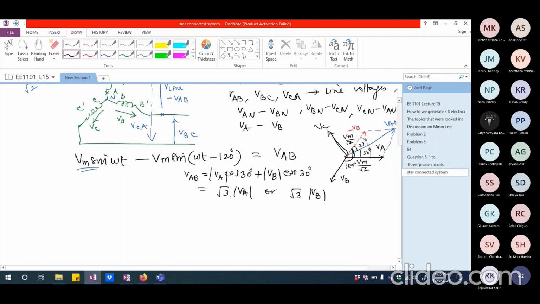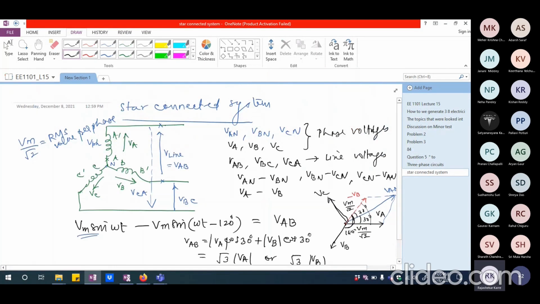So what I'm getting is that this is the line voltage. Line voltage will be equal to root 3 times phase voltage. Magnitude wise, line voltage will always be root 3 times phase voltage. So whenever we look at the transmission line, they will all be carrying line voltages.